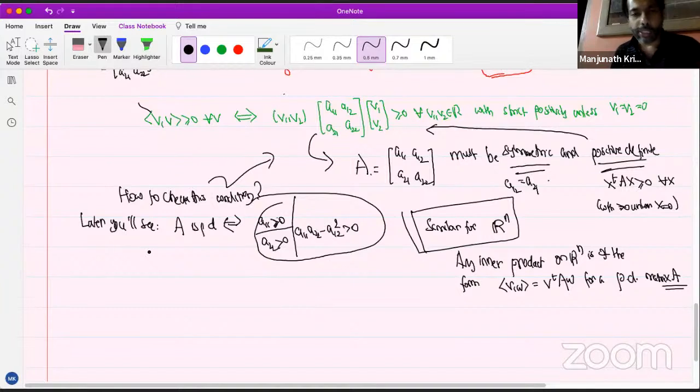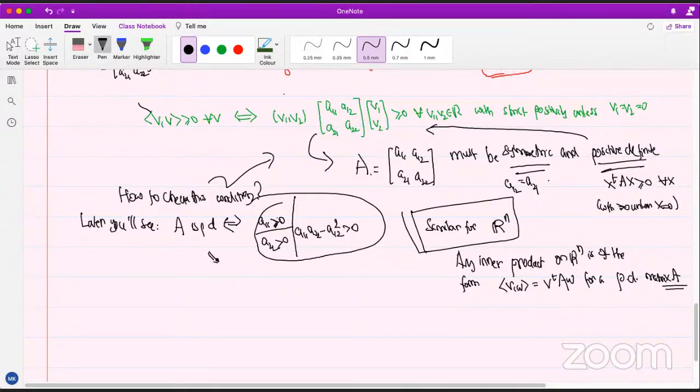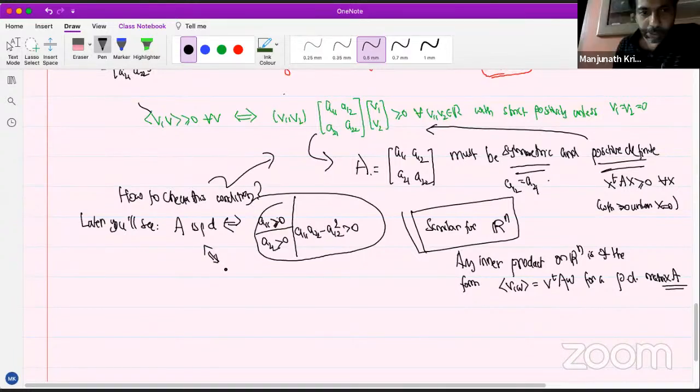Now, what is a positive definite matrix? Basically, that V transpose AV is non-negative for all V, and strictly positive unless V is 0. But in fact, one can find easier conditions to work with in terms of eigenvalues. We will see later that it is also equivalent to eigenvalues being positive.